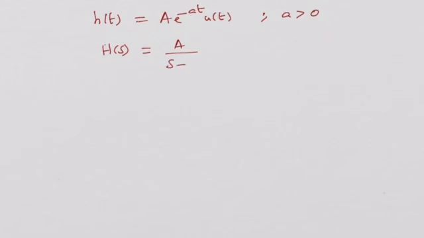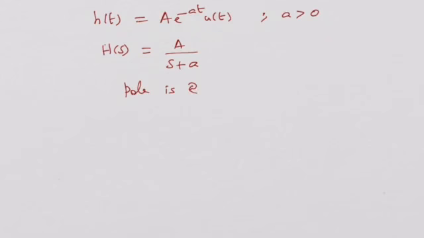So, this gives an idea. Depending on h of t and its general representation, if it is e power minus at u of t, where a is a positive number, and its corresponding Laplace transform, which tells us about the location of pole.